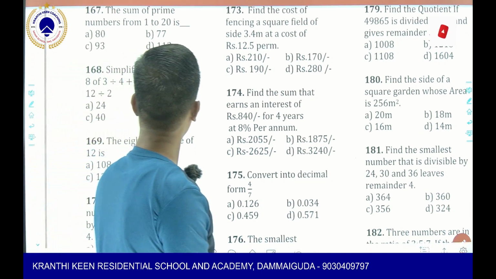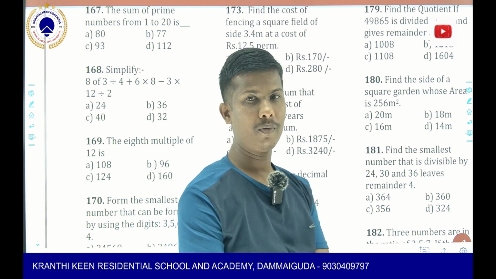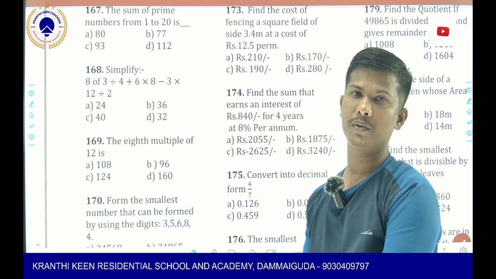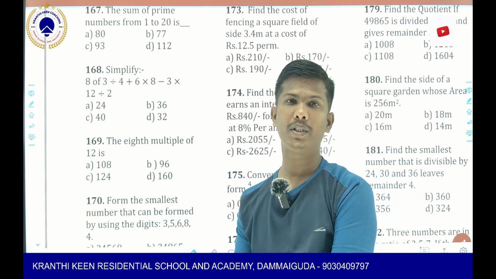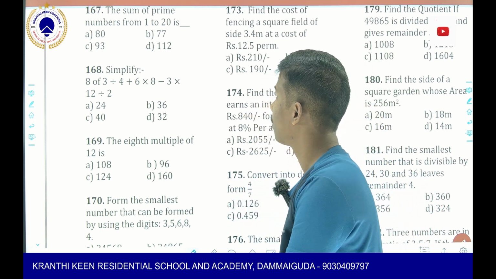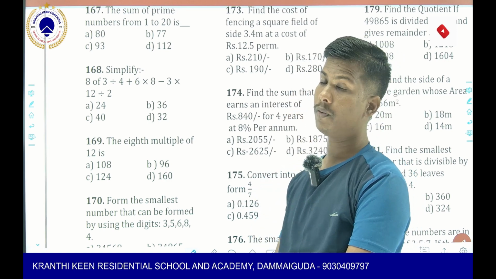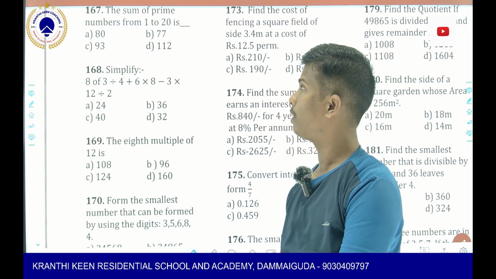Next, the sum of prime numbers from 1 to 20. That means you have to add all the prime numbers between 1 and 20. First we write the prime numbers from 1 to 20.